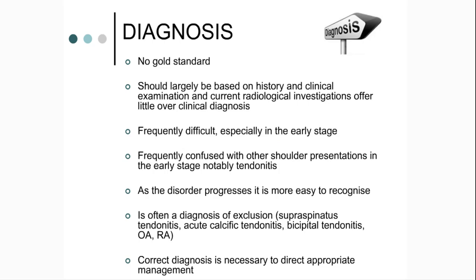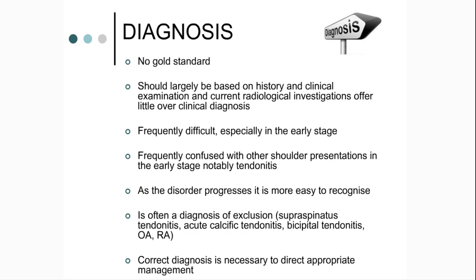So, diagnosis. When we're going to be treating our patients, we need to come up with a diagnosis, and we need to be able to arrive at that and use it to inform our treatment. This is my particular area of interest with frozen shoulder, in early diagnosis, which I'll talk about shortly.